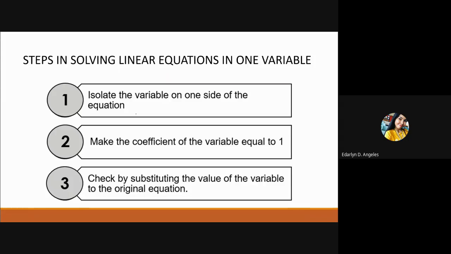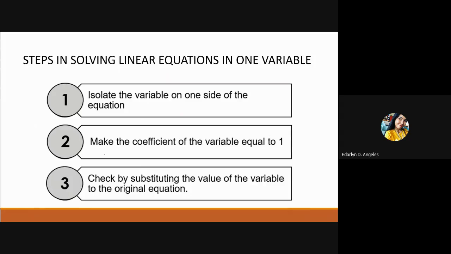Isolating means rewriting an equivalent equation in which the variable is on one side of the equation and everything else is on the other side. Meaning to say, we should make the variable alone in that certain side of the equation, may it be on the left or on the right side.